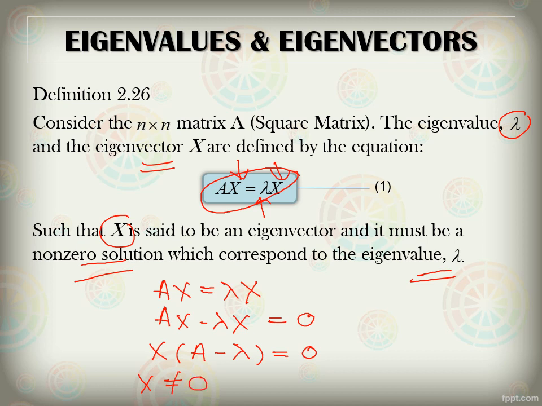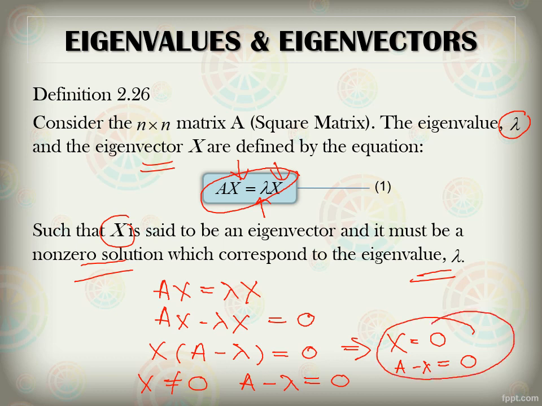So x here cannot be equal to 0. Mathematically, this means x equal to 0, or A minus lambda equal to 0. This is mathematically solved.